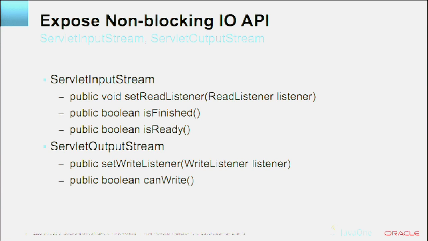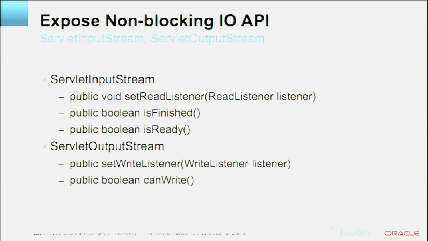After you associate the input stream with a read listener, then it will start using non-blocking I/O. If you do not set the read listener here, then you are still using the traditional I/O. That is the point where you set whether you are using the traditional or the non-blocking one.